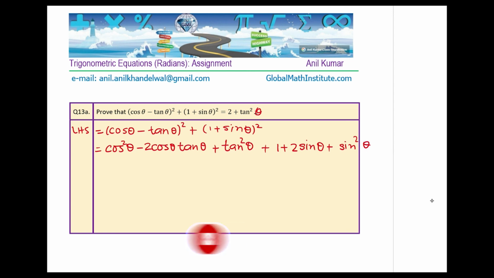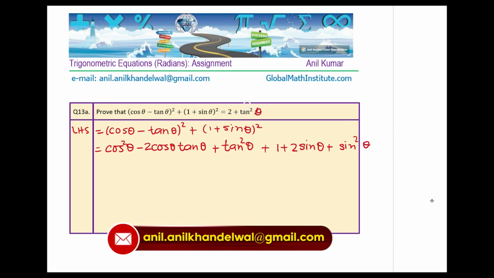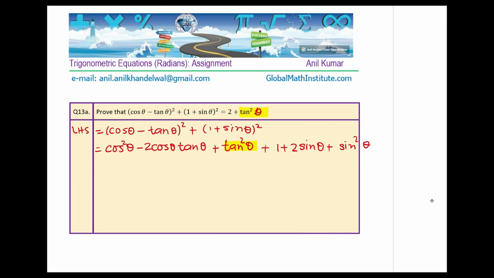See, we want 2 plus tan square theta. We already have tan square theta here. Do you see that matching? So I'll leave this tan square theta as such and try to rearrange and simplify the other terms. Well, cos square theta and sin square theta adds to 1. So let's write them together first.